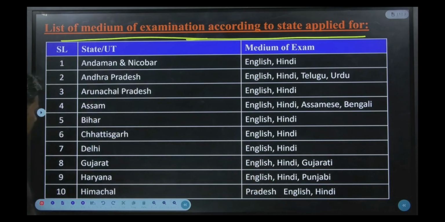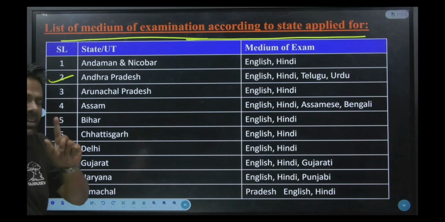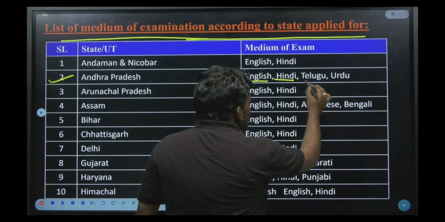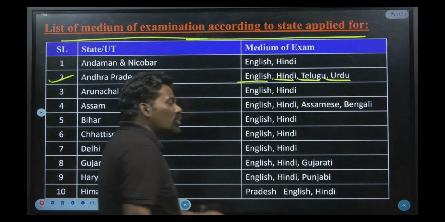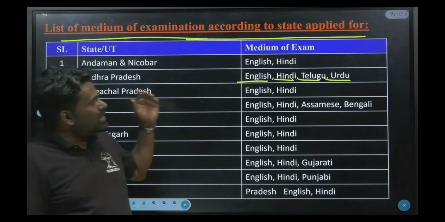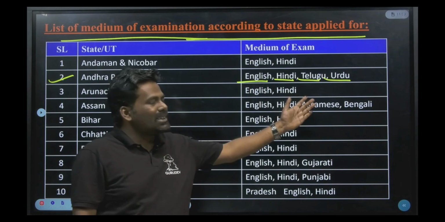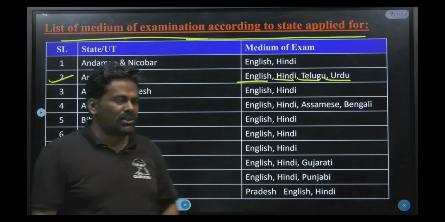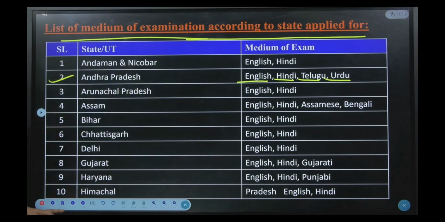So now assume that you are from Andhra Pradesh. Okay, you can write the examination in English or Hindi or Telugu or Urdu. You can choose. You can write the examination in any of these 4 languages. By default English will be your language. You can choose for any other language also.